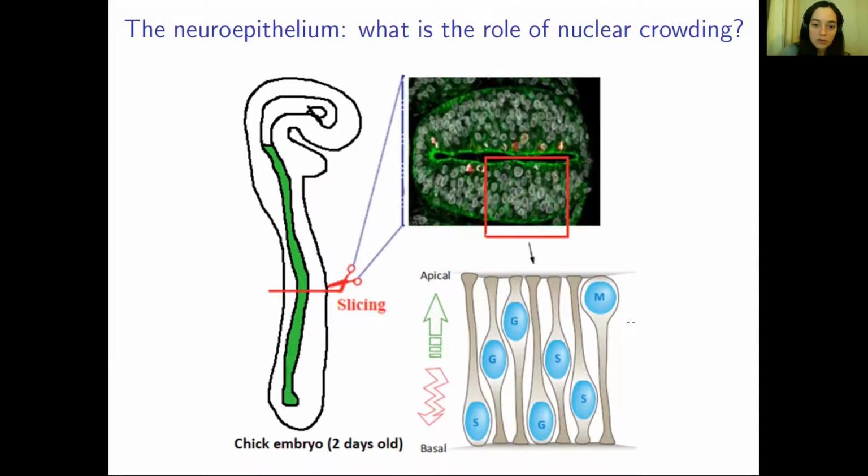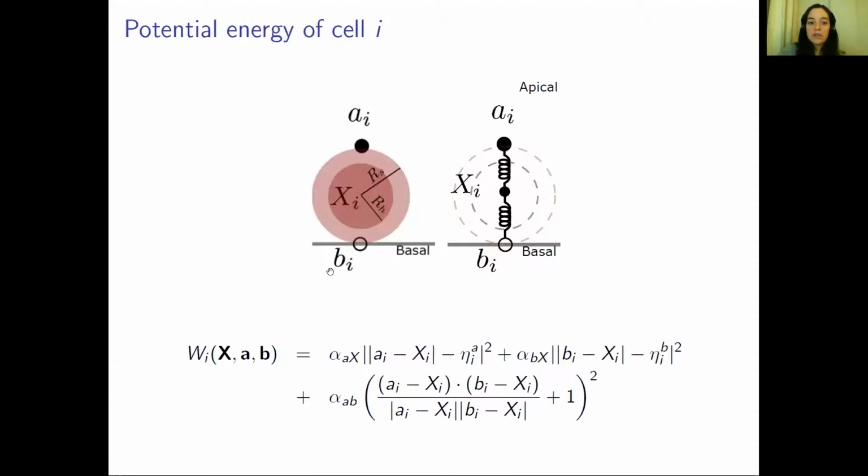So I will start by describing the energy that we chose for each cell, and this energy is related to springs.